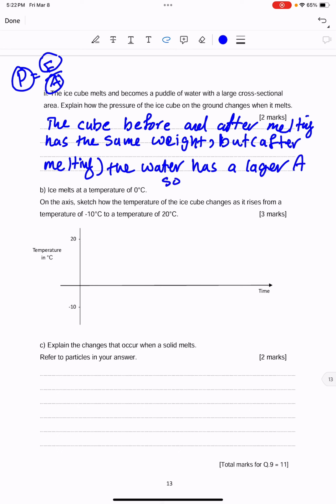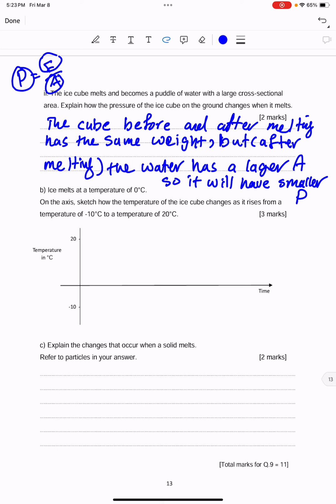So it will exert smaller or less pressure, P.